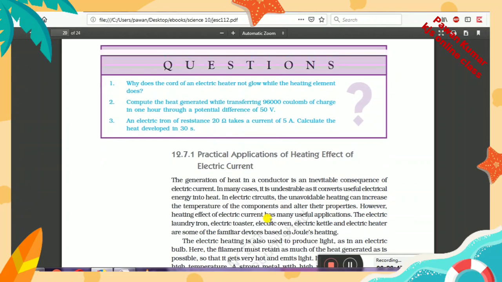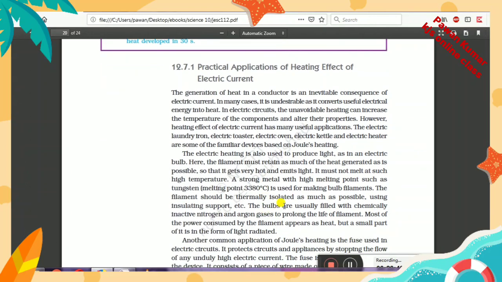Now next is practical applications of heating effect of electric current. That means this heat which was produced whenever current flows through a conductor or any alloy. So heat, you have seen heat was producing. So this production of heat due to the flow of current, can we use it in our practical life anywhere? So your answer will be yes.